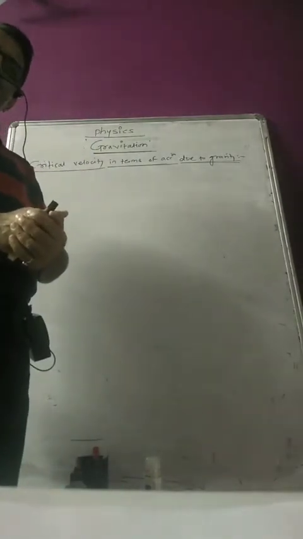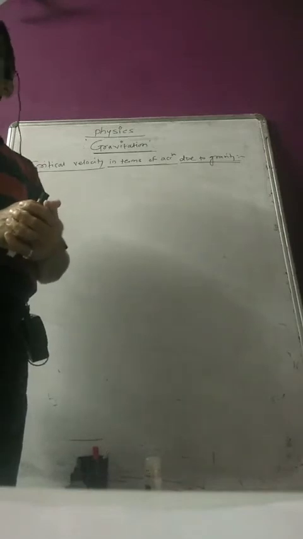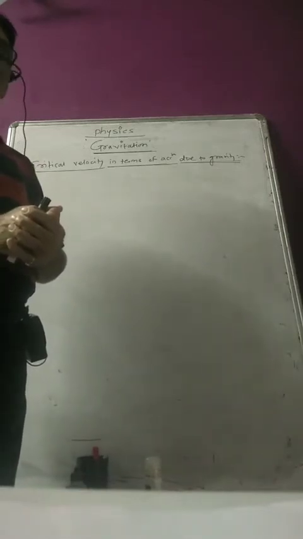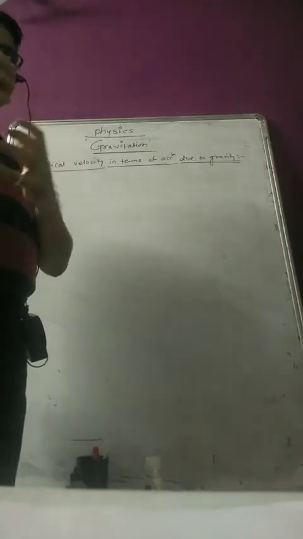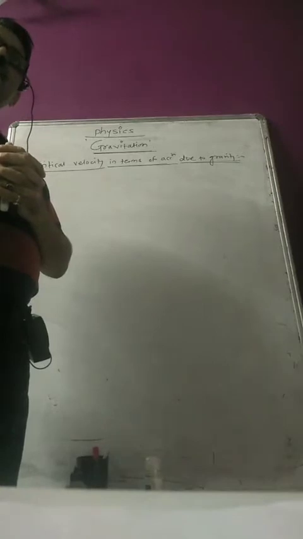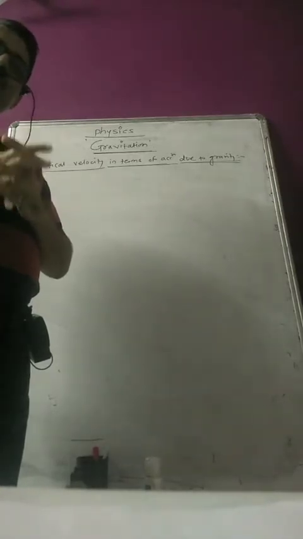For calculating the critical velocity, we have considered two forces. First, the gravitational force between the earth and the satellite, which we calculated as GMm by r square.